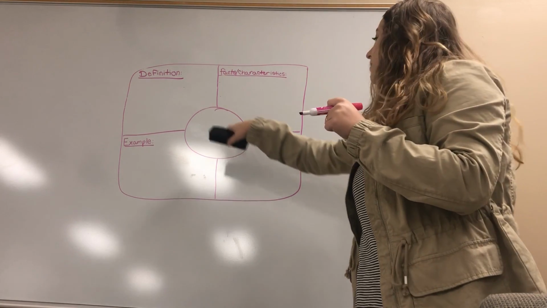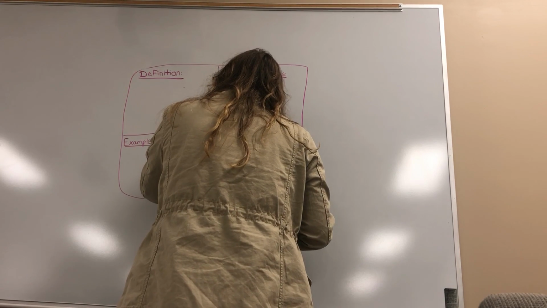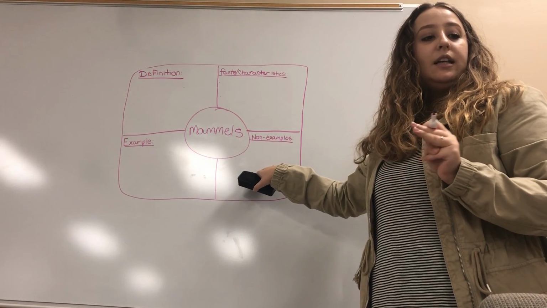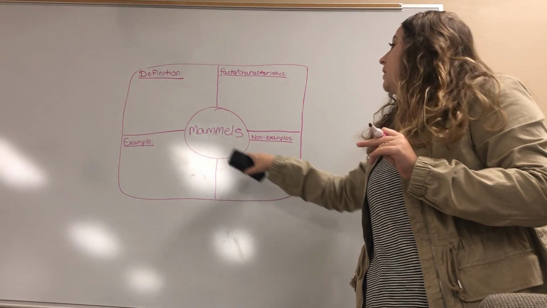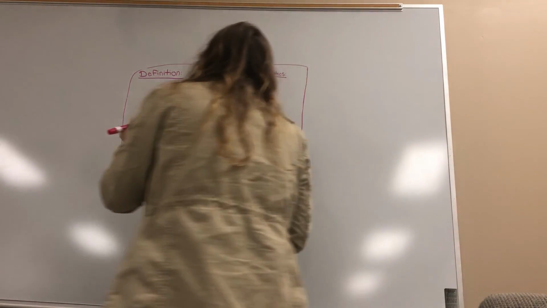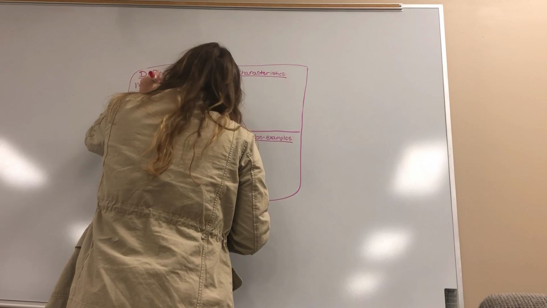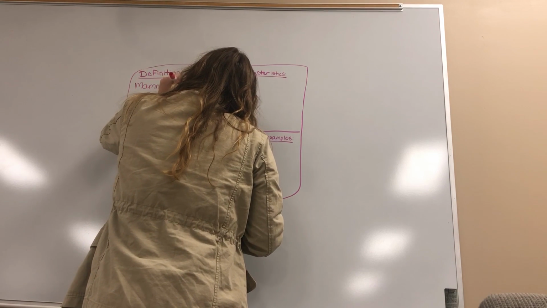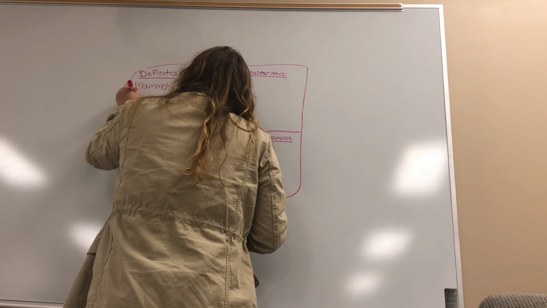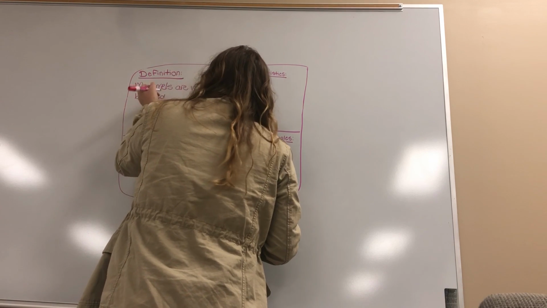So, class, once you have this written down, give me a thumbs up. Okay, I see all of my thumbs up. And let's write mammals here in the middle. Mammals, excellent job. So can anybody tell me a definition of mammals? Good job. Mammals are warm-blooded creatures. What else? Warm-blooded, that give birth to their babies, that's right.